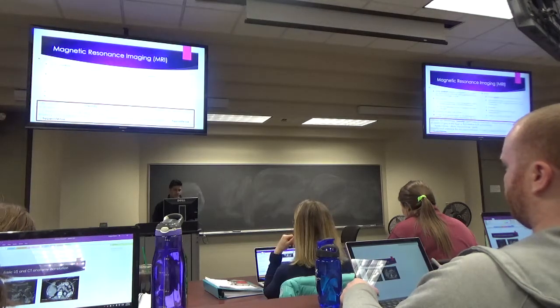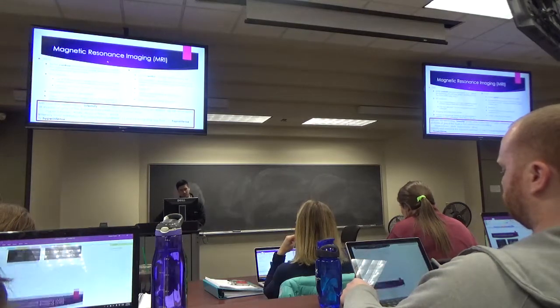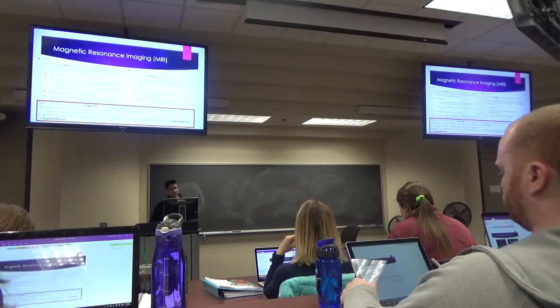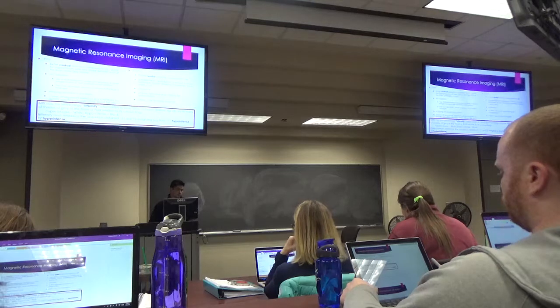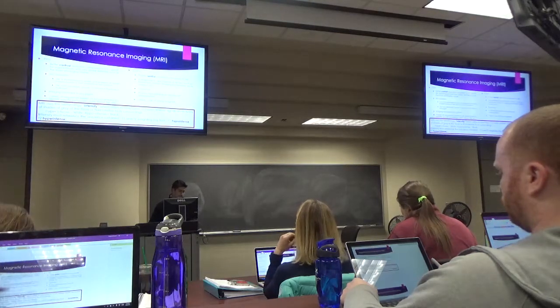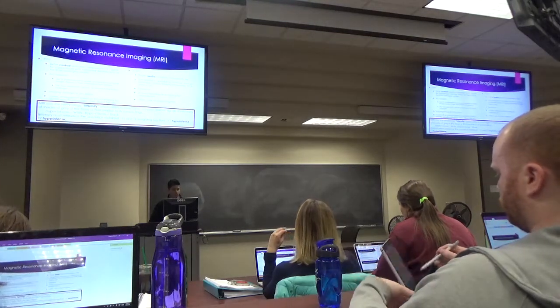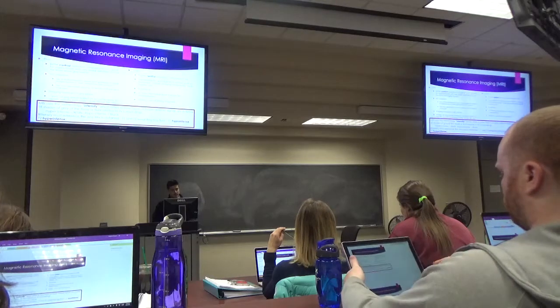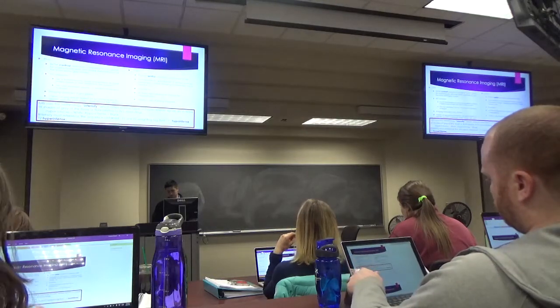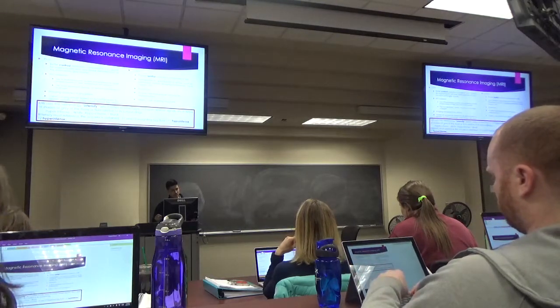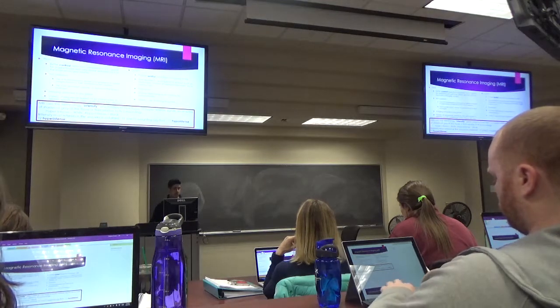And then the other thing that we want to talk about is MRI. So MRI is magnetic resonance imaging. The pro to this is that it has better contrast resolution. So I said CT has better spatial resolution. What I mean by that is you can get the smallest pixels possible with the CT better than we can with MRI.